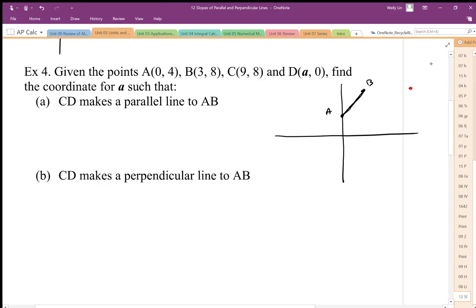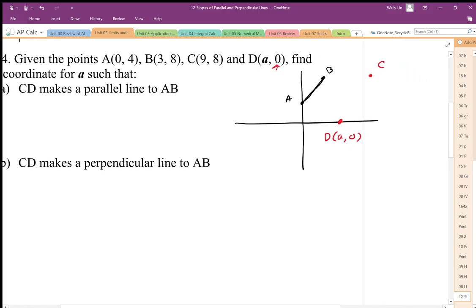Okay, so there's point C, and I'm asked to find a point D that is on the x-axis, because y equals 0. That point D there, it's going to intersect the x-axis, so I need the x-coordinate.